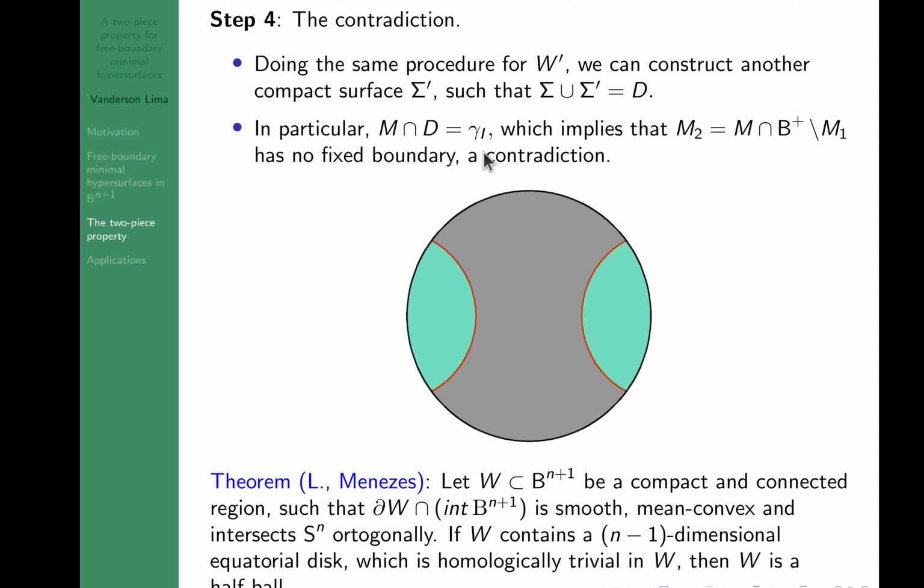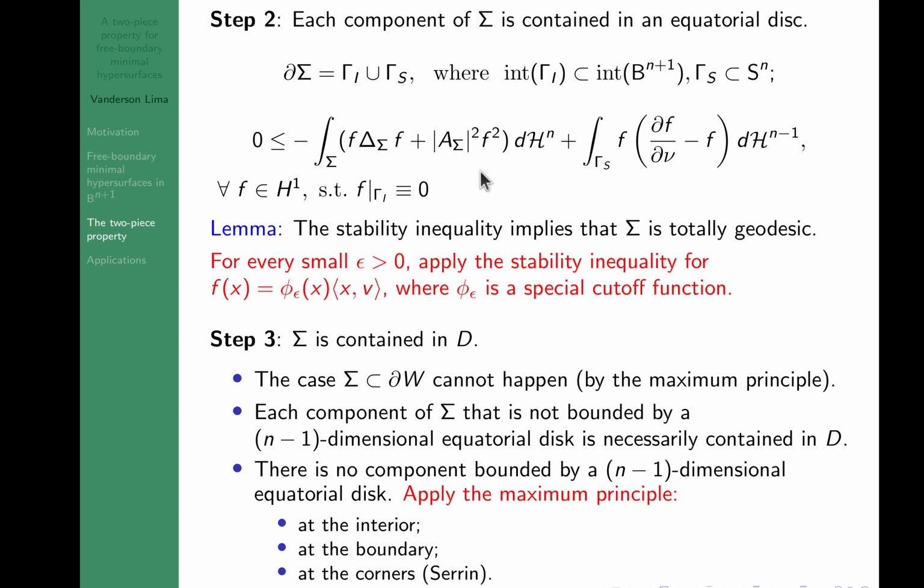Then if this region contains an n-1 dimensional equatorial disk which is homologically trivial inside the region, then the region is a half ball. And the idea is to use the arguments of steps 1, 2, and 3.